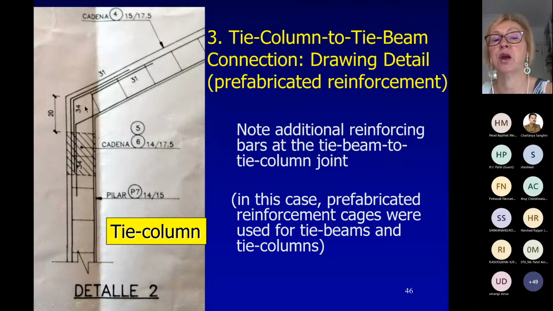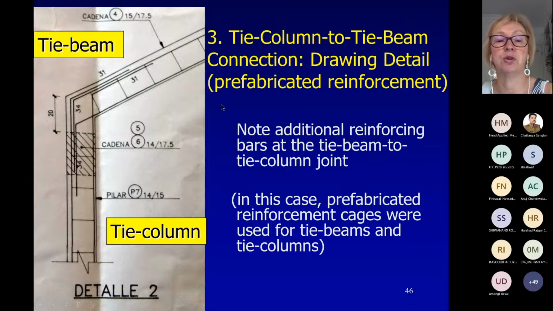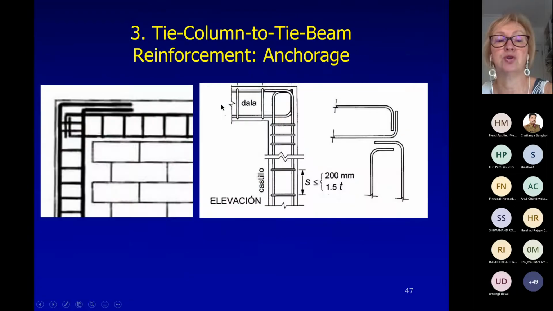So that is a good way of using these prefabricated cages and adding the bars as needed to make good details. So they have pretty much developed this tradition of fast construction, I would say, in confined masonry with prefabrication of cages.